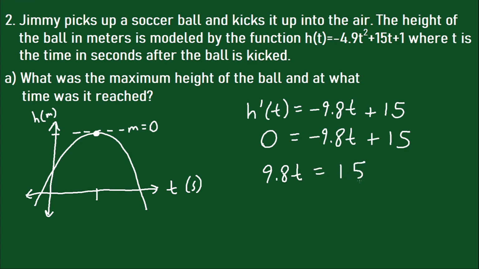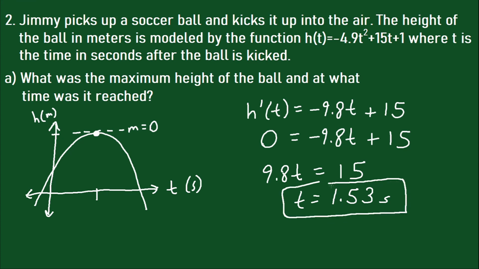I'm just doing the algebra. So t is equal to 15 divided by 9.8. And if you do that, you should get 1.53 seconds. I rounded that answer off to a couple decimals, but it's actually a longer decimal than that. So approximately 1.53 seconds is where this maximum is taking place.